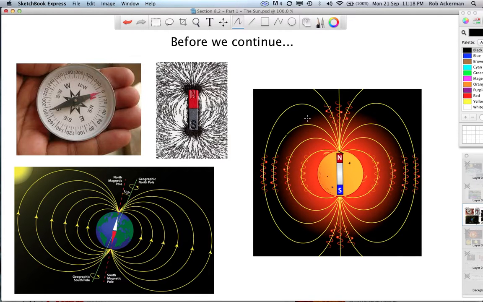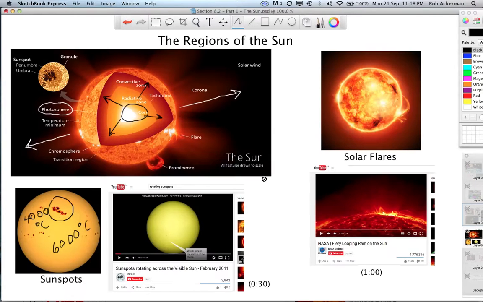Well, this diagram over here is meant to show the sun and its magnetic field. It's kind of the same as Earth's, although it's stronger, that's for sure, and it's bigger. And sometimes this magnetic field can interfere with the energy that is traveling from the core of the sun out toward the surface.